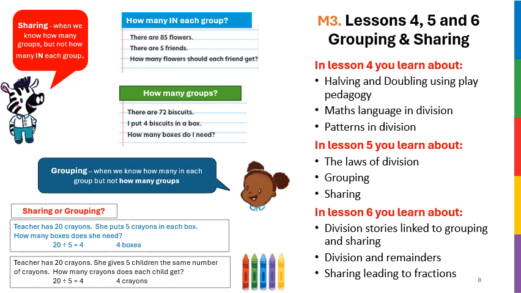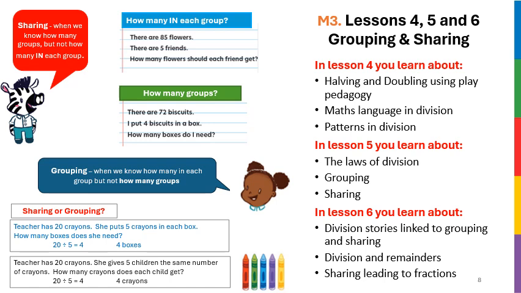So we have a cute creature on the top right corner that says sharing when we know how many groups but not how many in each group. So that is our clue for knowing a sharing problem.